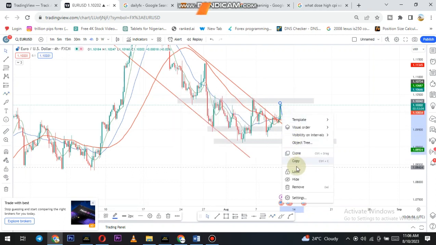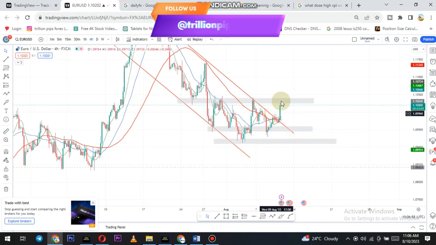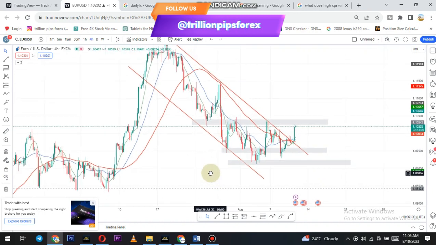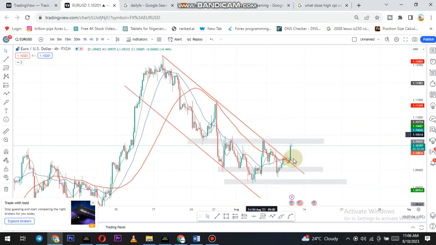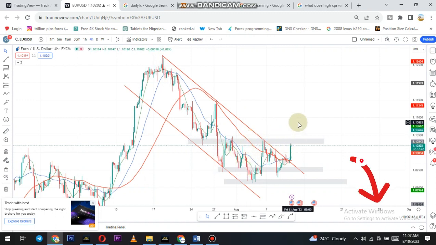from what I've seen, I'm more in favor of it breaking to the upside, because obviously you can see for the first time we have price clearly breaking and closing above this down channel, which signifies kind of a change in trend. Not yet, but a potential change in trend.